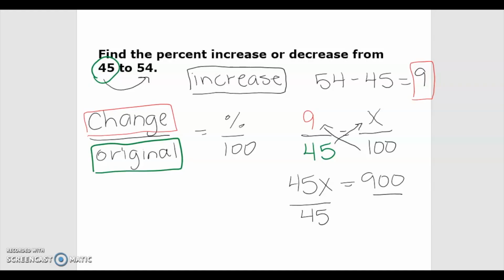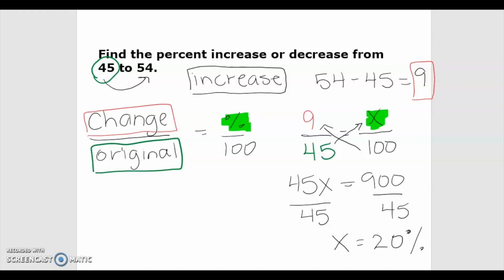We're solving our one-step equation. And when we divide, we have 900 divided by 45, and we get x equals 20. And again, our x is in place of the percentage, so we're going to add a percent sign. So our answer is our number increased 20%.